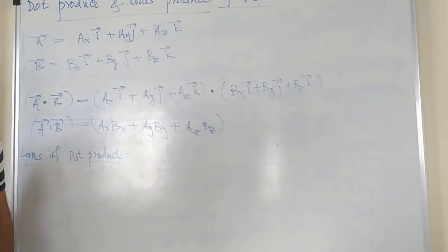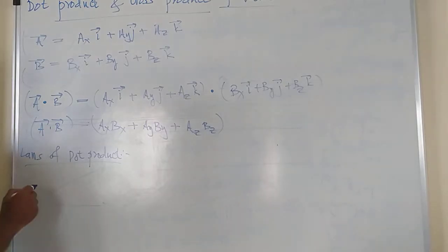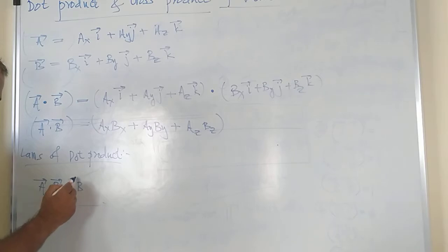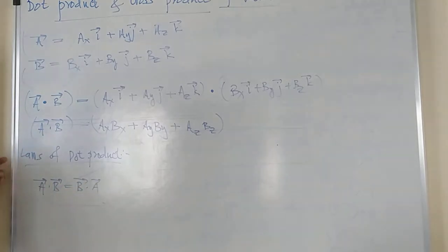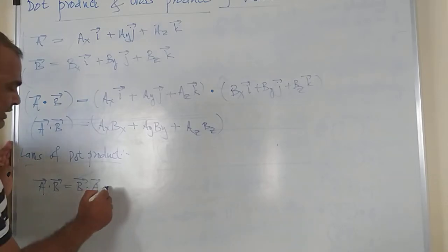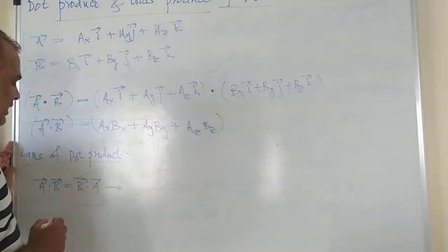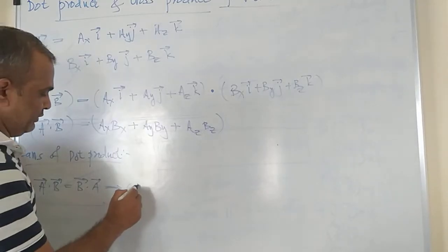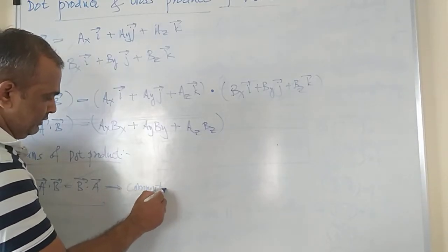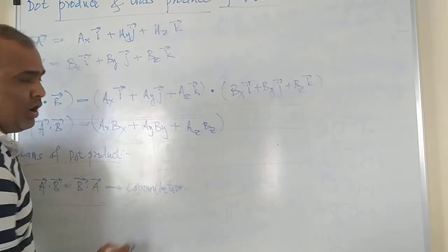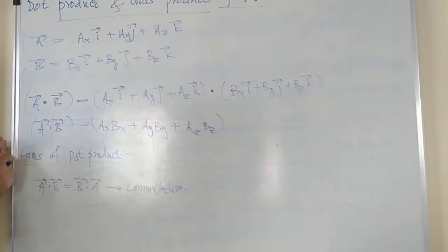The very first one is, if you take the multiplication of a bar dot b bar and b bar dot a bar, you will find that both a dot b and b dot a are the same. What does this indicate? This indicates that the dot product is commutative. This is called the commutative identity. Got it?